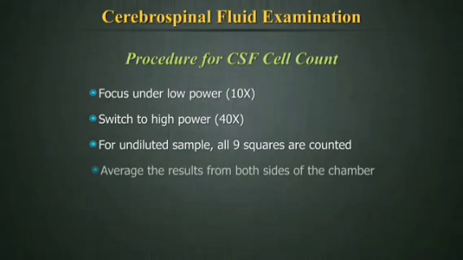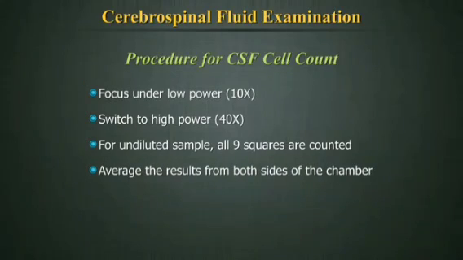Average the results from both sides of the chamber. Note: the necessity to dilute the CSF and the number of squares counted depends upon the cellularity of the specimen. Adjustments in the procedure should be made accordingly. Both WBCs and RBCs should be counted.